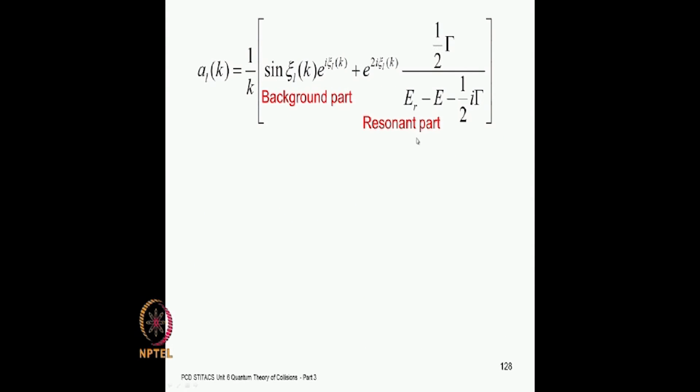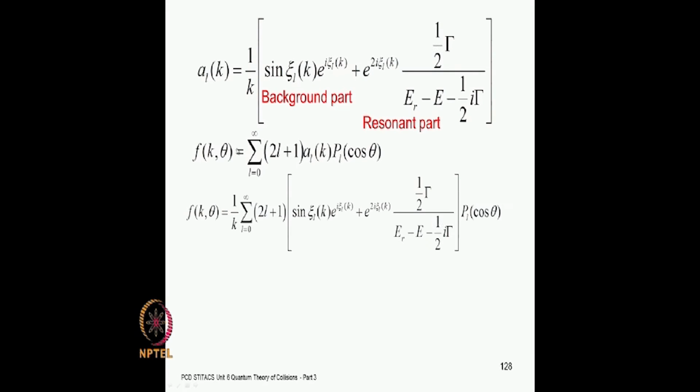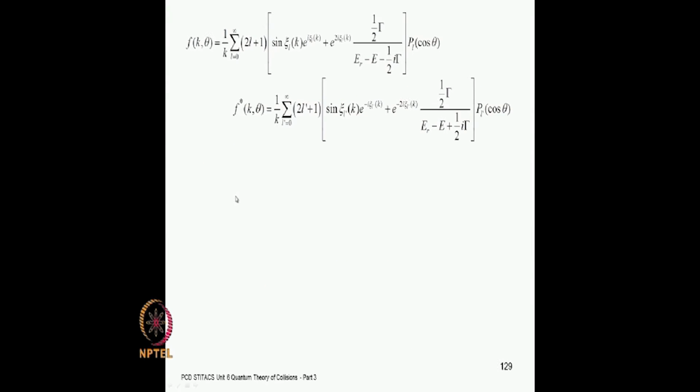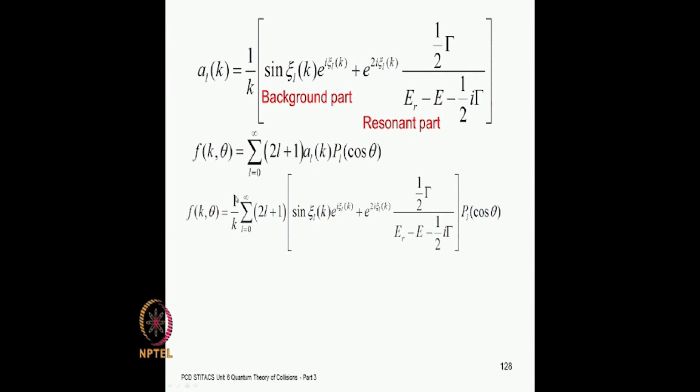So, these are the two parts and we should put them in the expression for the scattering amplitude. So, now we write the scattering amplitude as an infinite sum over all the partial waves, and here this amplitude now has both the parts, the background part and the resonance part.